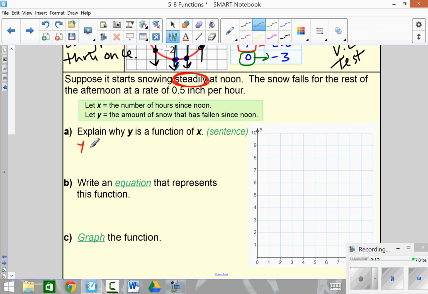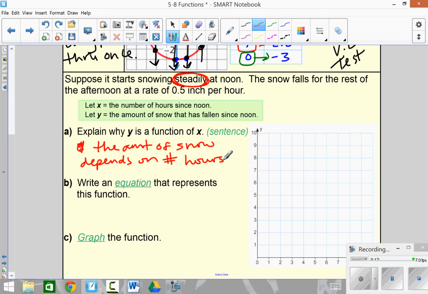So we're going to write, explain why, because the y, which is the amount of snow, depends on x, which is the number of hours. The amount of snow depends on the number of hours that it has been falling. So if it's only been an hour, there's only going to be so much snow on the ground. If it's been 10 hours, there's going to be more on the ground.